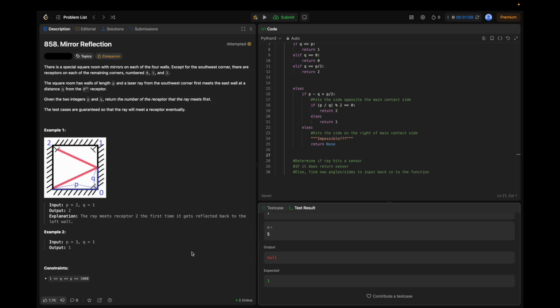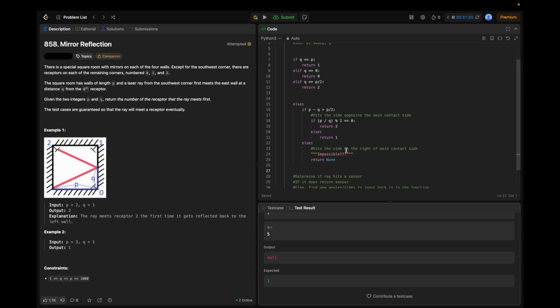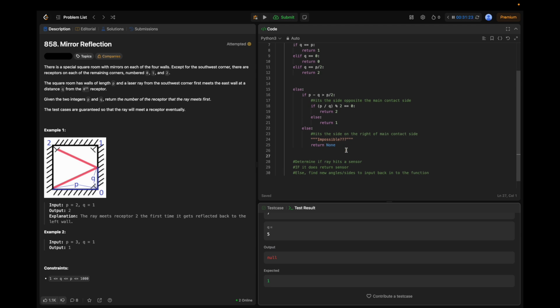So if I go 1, 2, 3. So find the least common multiple of P and Q. And if that's an odd number, it will hit 1 or 2.